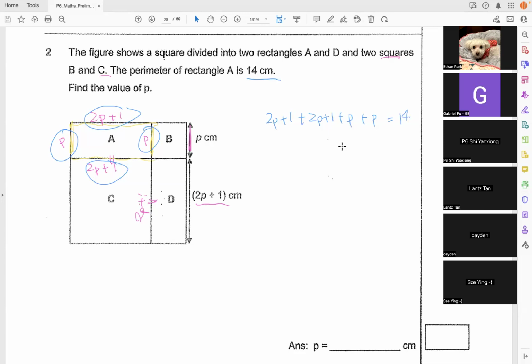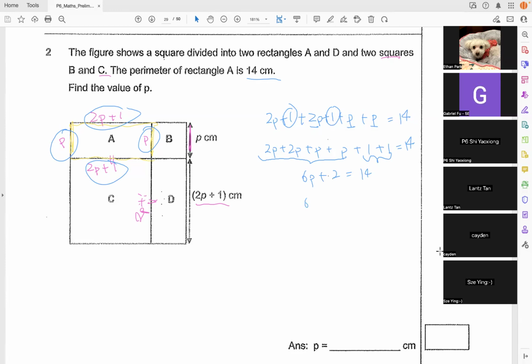So let's bring all the P together. 2P plus 2P plus P plus P, okay? Then you plus 1 and 1. That'll give you 14. So do it slowly. So this together gives you 6P plus this gives you 2 equal 14.